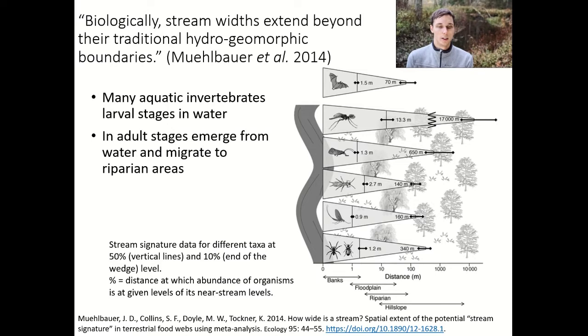Also biologically, rivers and streams are wider than the channel where the water flows. The median stream channel width in this study was 3.5 meters, but invertebrate species that originate from the stream migrate in their adult stage farther away into the riparian area. The distance is different between taxonomic groups, but the mean distance where half of the invertebrates were found was 1.5 meters, and 10% of the invertebrates were even found 550 meters away from the stream.